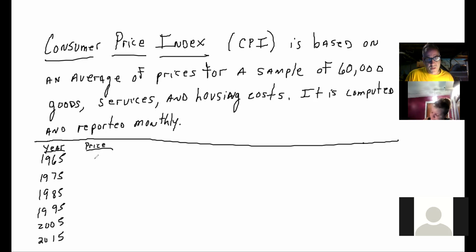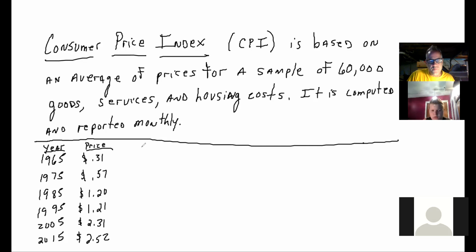So what was the price per gallon for gasoline in each of these years? 31 cents, 57 cents, $1.20, which we had used previously, $1.21, so it didn't go up too much, but in 2005 it shot up to 2.31, and 2015, 2.52.